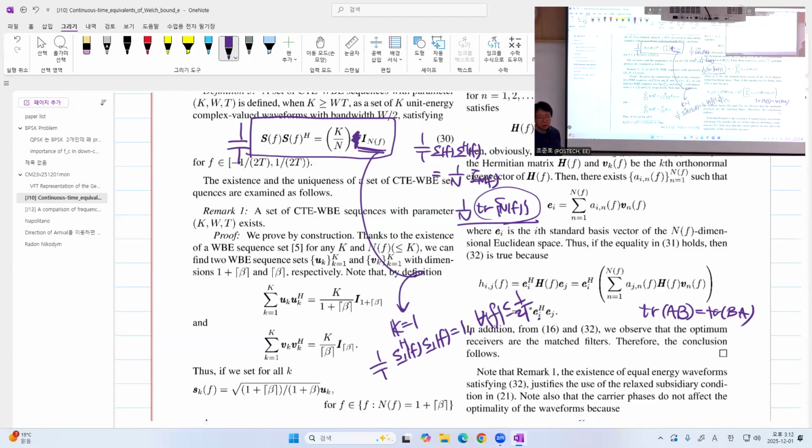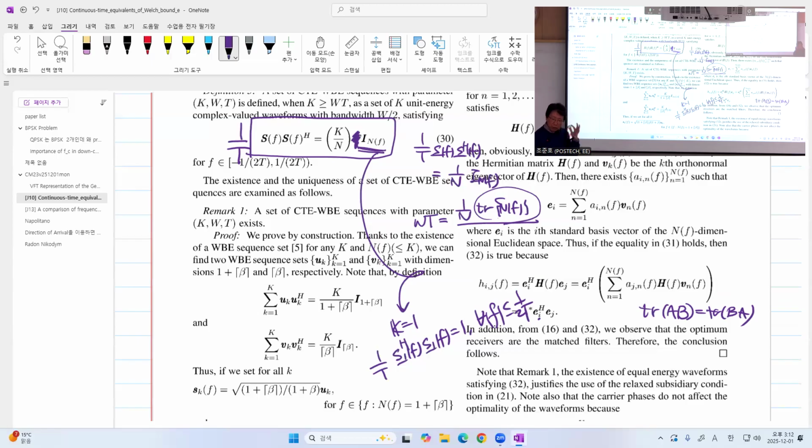Yeah, just a second. What is N, by the way? N is the average, right? N is WT. Yeah, this is WT, if I remember. And N of F is 1. Is it 1? It is 1, sometimes 0.